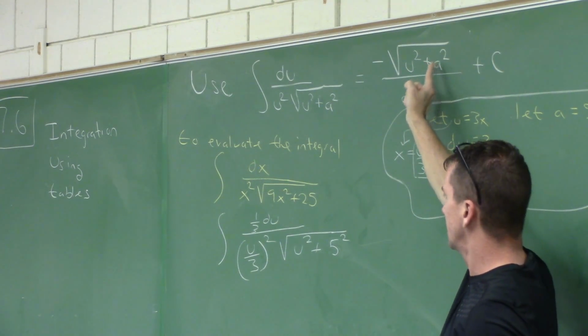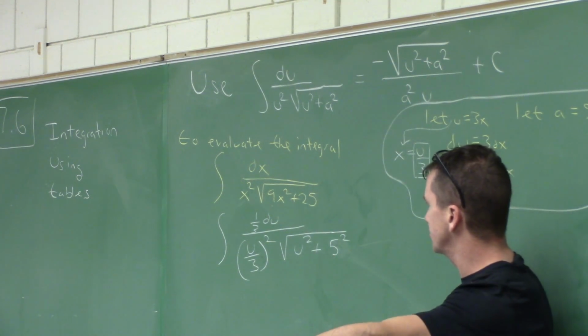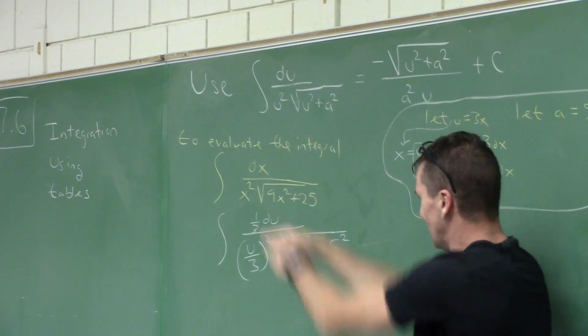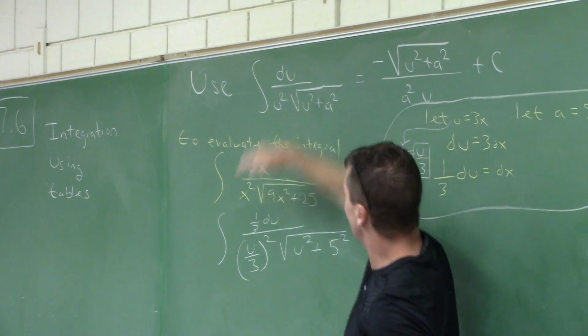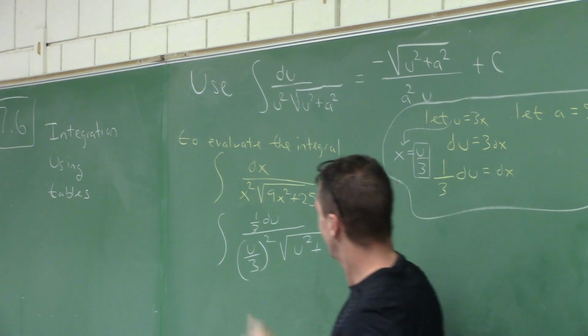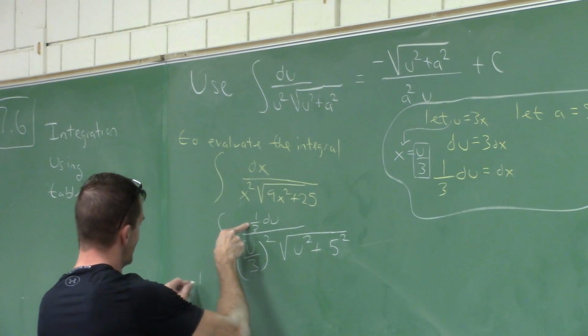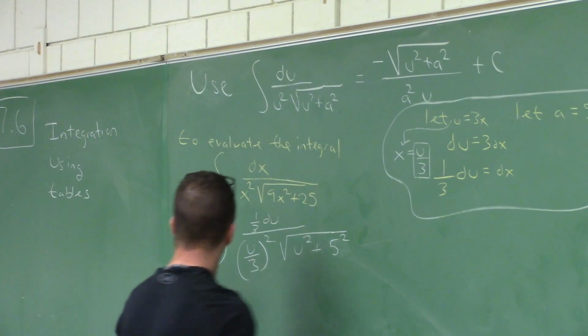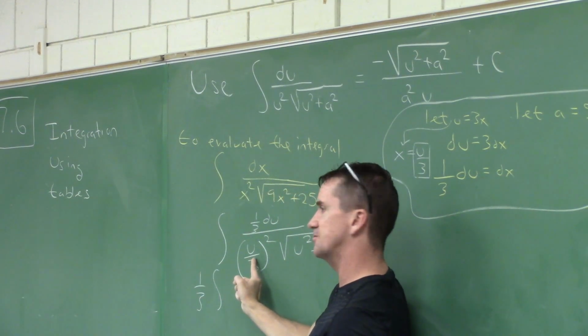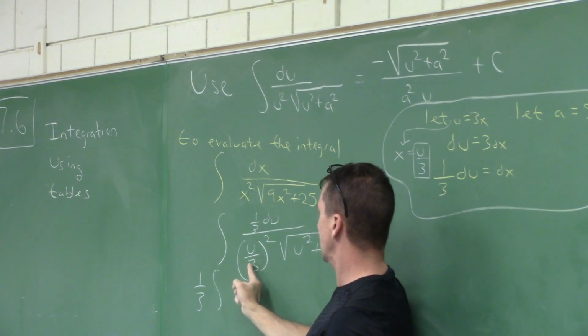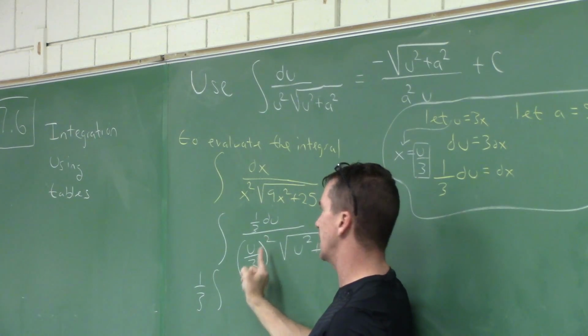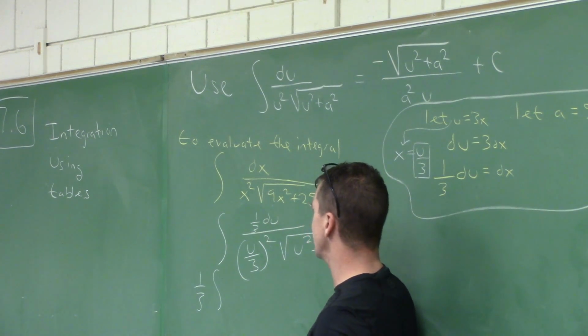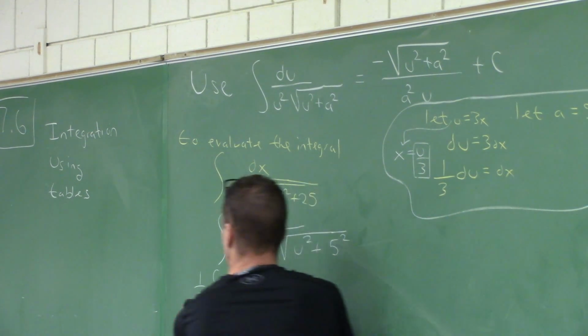You see it coming? Can you help me rewrite that, Andrew? Like get constants out in the front. I want this to look like that. So I'll put this 1/3 out here. Great call. How about this one, everyone? He took that 1/3 out in front, but what about this one? That's 3 squared, which is 1/9, but it's a 1/9 in the denominator.